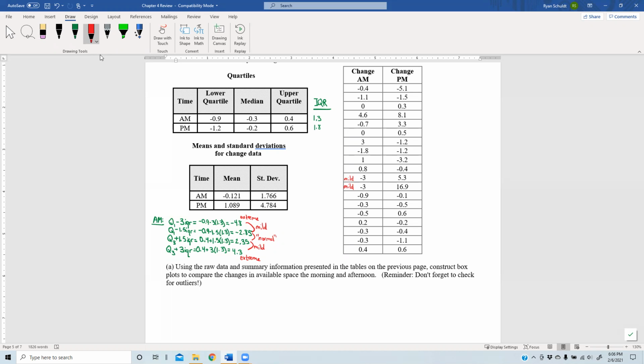Now, let's look for above 4.3. 4.6, this is extreme. That's it, okay. Now between 2.35 and 4.3 is mild. So 2.35 or higher. There's a positive 3, that's going to be mild.